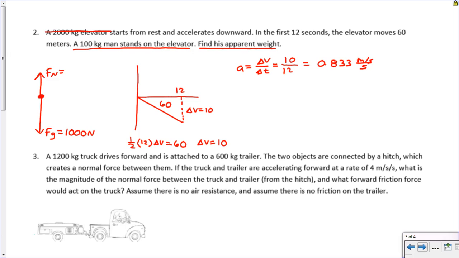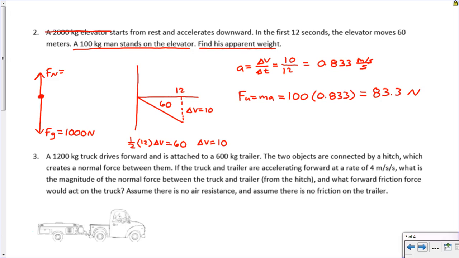Now that we've got acceleration, we can do F unbalanced equals ma, which equals, in this case, 100 times 0.833. You calculate that, and you should get 83.3. So we know that these forces are unbalanced by 83.3.